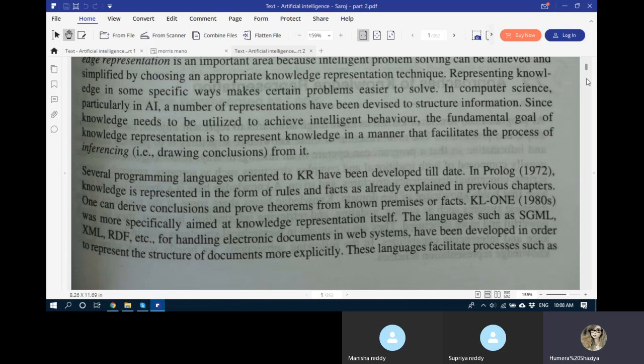So what happens is, if you can represent knowledge efficiently, then the process of inferencing new knowledge becomes simplified, and the primary purpose of knowledge representation is to facilitate the process of inferencing. Inferencing means drawing conclusions.